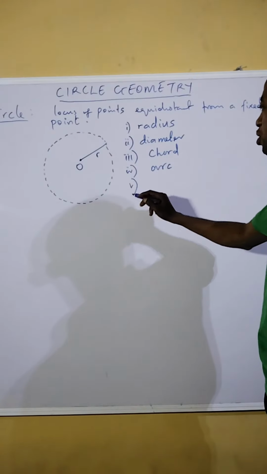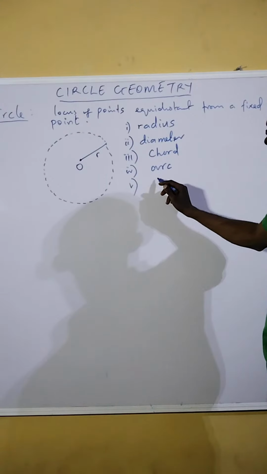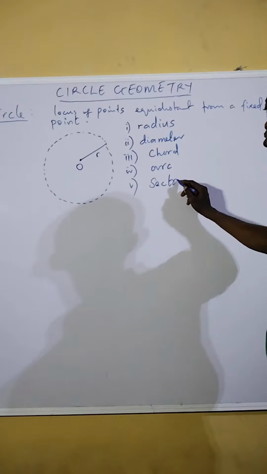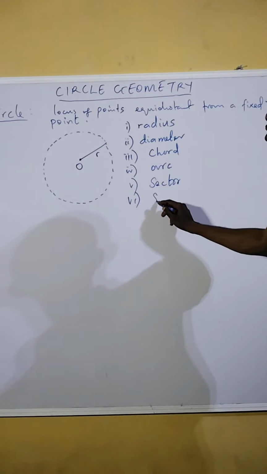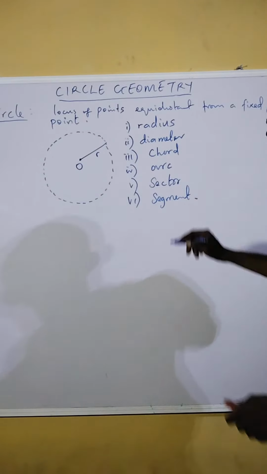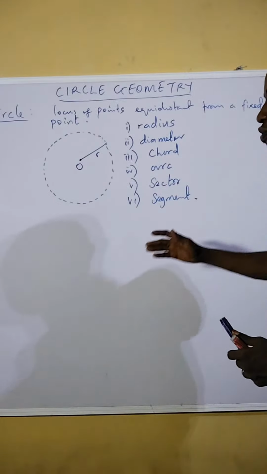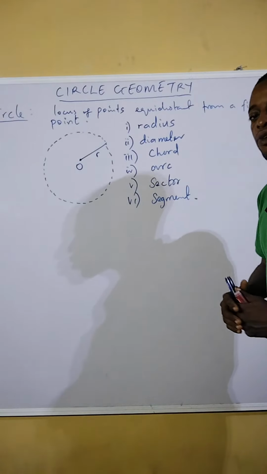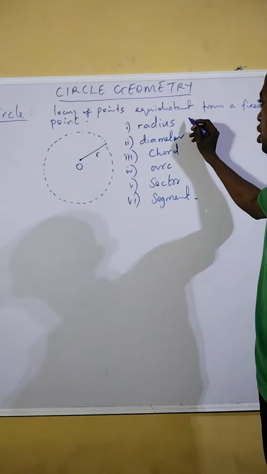The fifth one, we consider what a sector is. And the sixth, what a segment is. Now, these parts of a circle are important for us to be able to recognize before we solve questions on circle geometry.